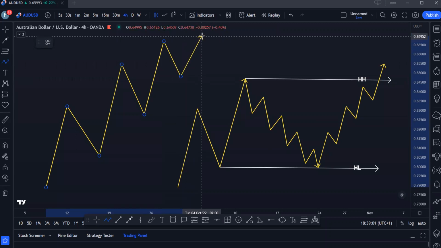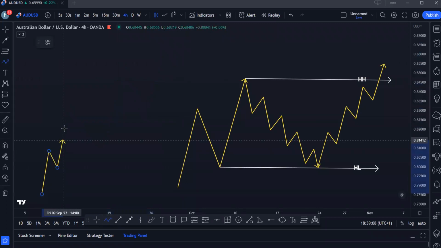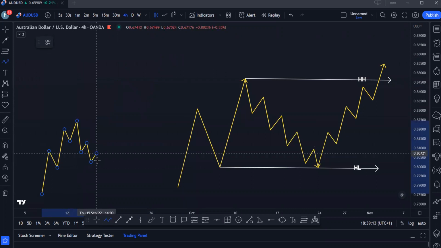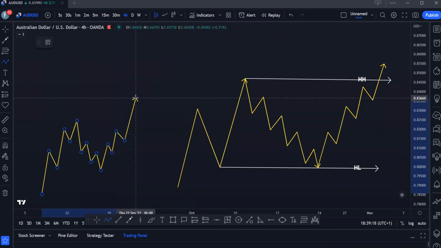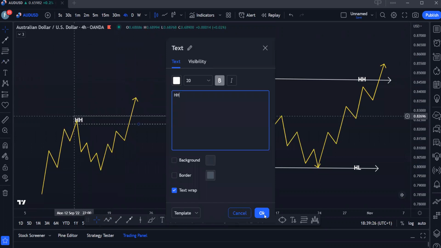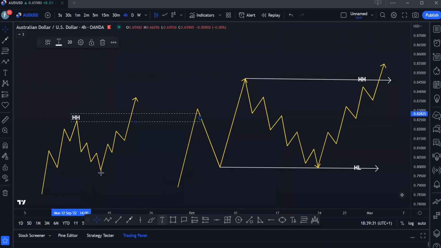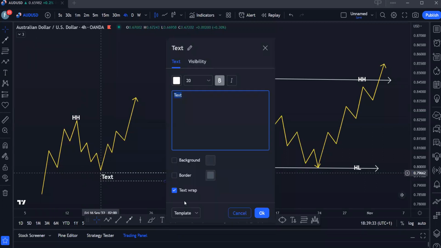What price does most times is do something like this, on a fractal level. In this case, this right here is your higher high. This right here is your higher low.